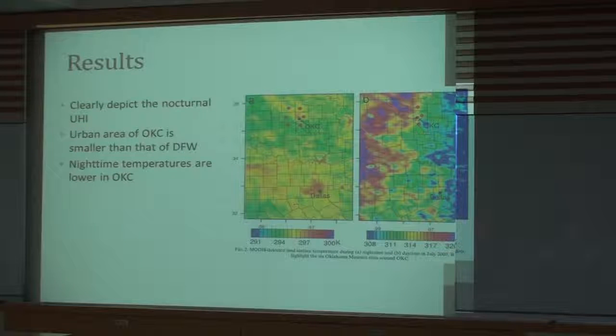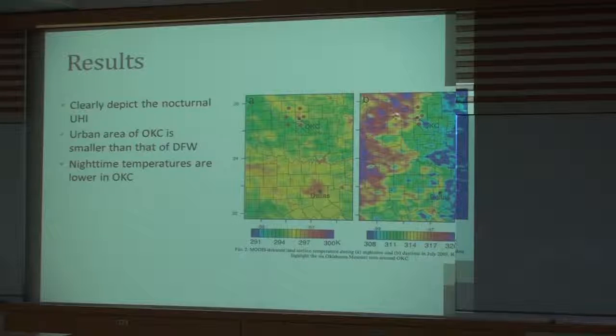And here are the results. This is MODIS data, to give us typical images of the Oklahoma area and city. We focus on this Oklahoma area and the 6 rural areas around this point in the red.